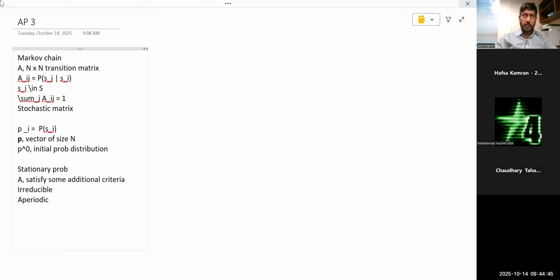So in general, by the way, this stationary probability is computed by the power iteration method. So this P is a vector, and then you have A transpose P. You do this iteratively for various iterations.